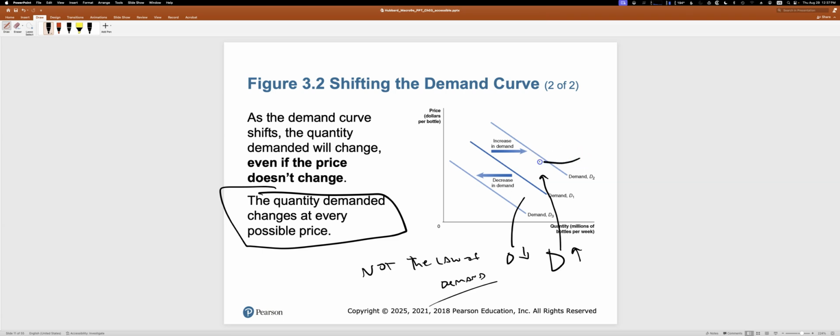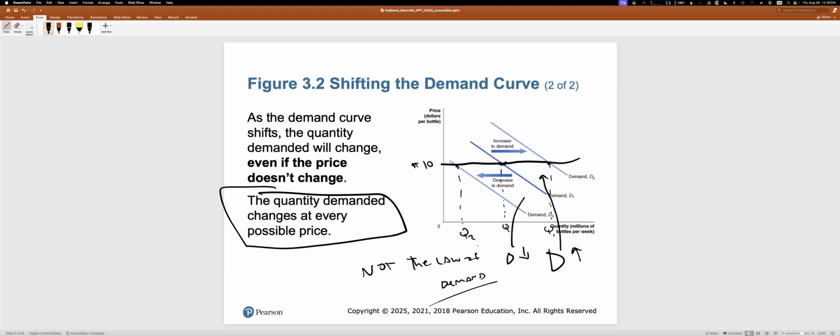Meaning, if I were to draw a horizontal line at the price of, let's say, $10, there'd be a quantity there. There'd be a much higher quantity here. And a lower quantity there.